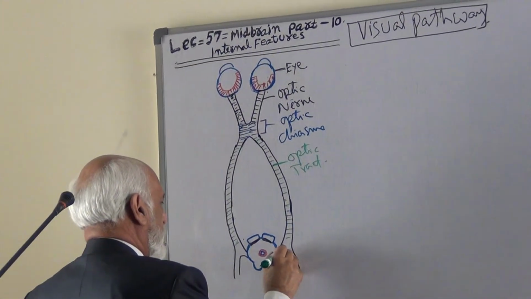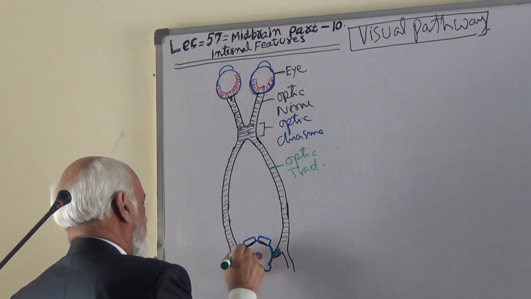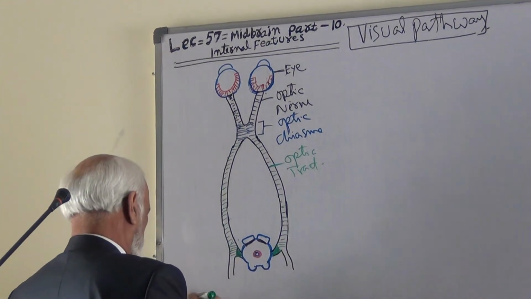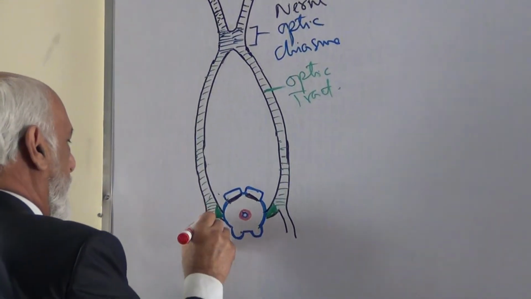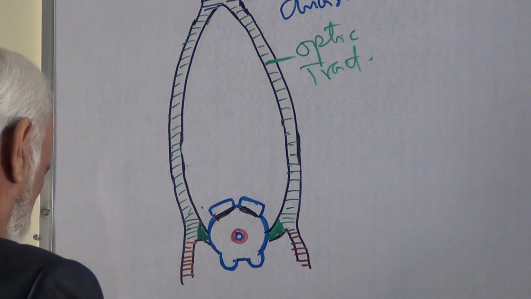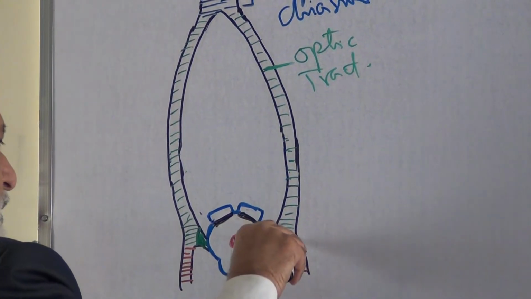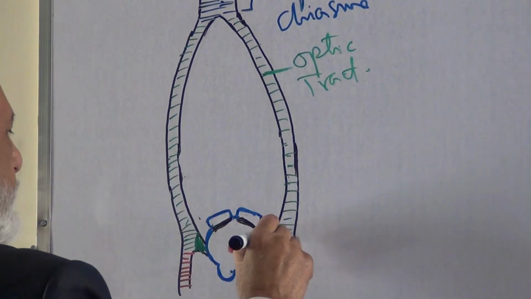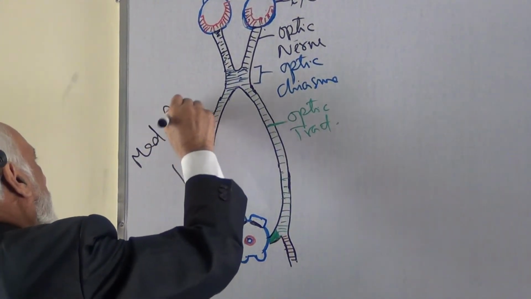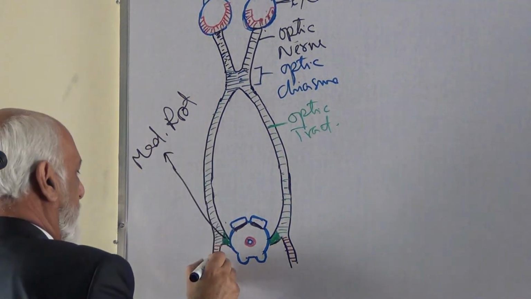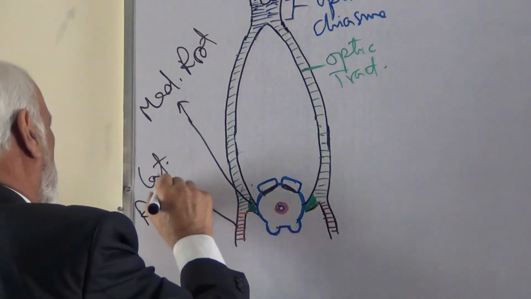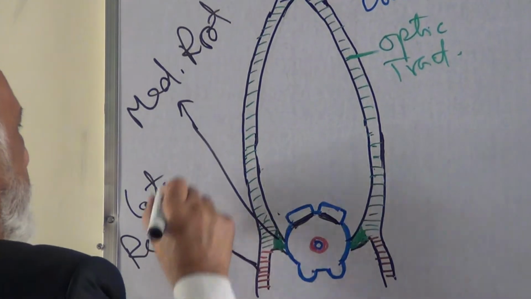This is the medial root of the optic tract, and this is the lateral root of the optic tract on each side.